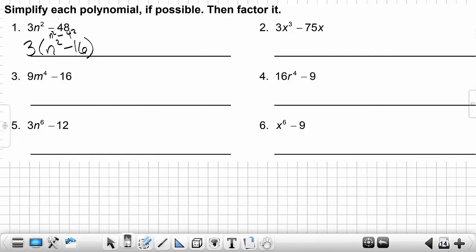Now, of course, Alicia comes from a place where they've already taught this. This factors into what? And we're done. Now, this workbook in particular loved using difference of two squares. And I think that's what we're going to end up using almost exclusively on quite a few of them.